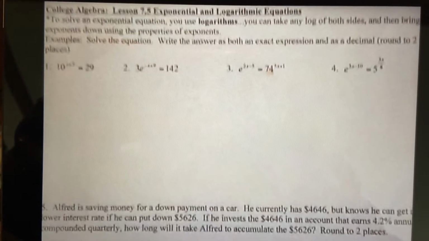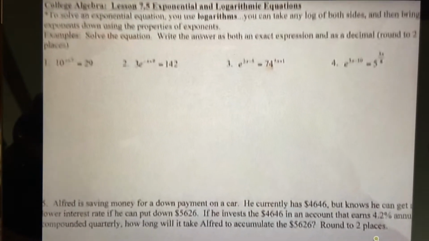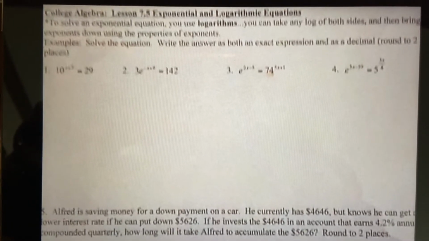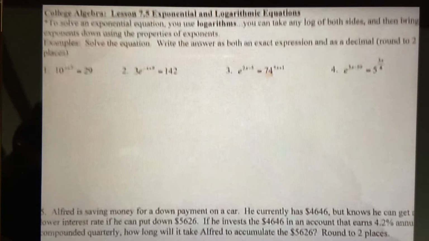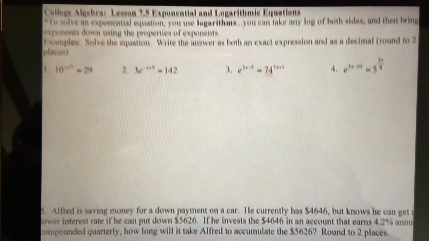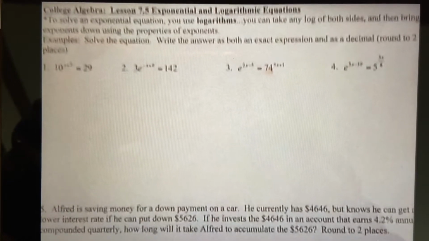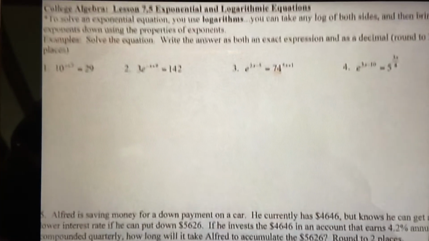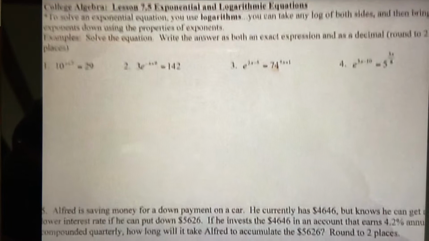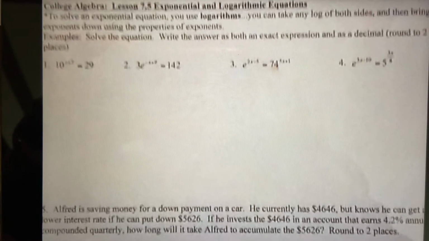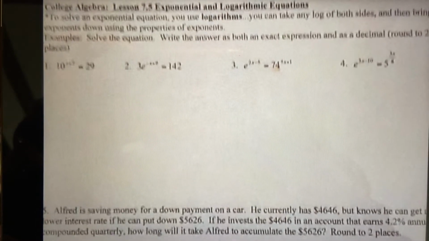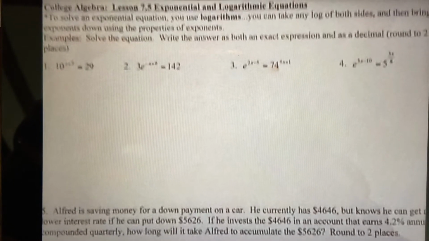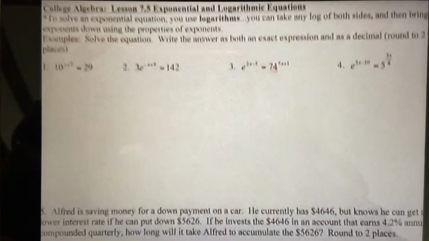One of the things that you need to recognize at first is whether an equation is written as a logarithm or as an exponent. When I'm looking at 1 through 4, all of those equations are written in what we call exponential form. In other words, the x is in the exponent. So you do the opposite of what it's presented as.